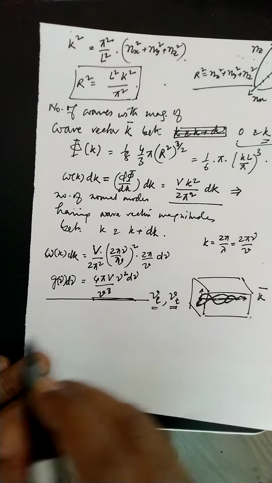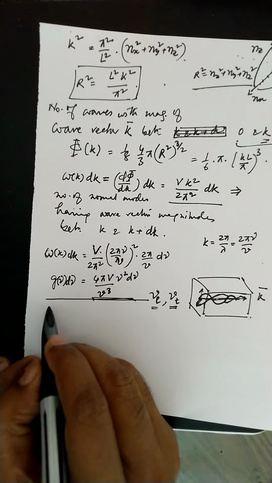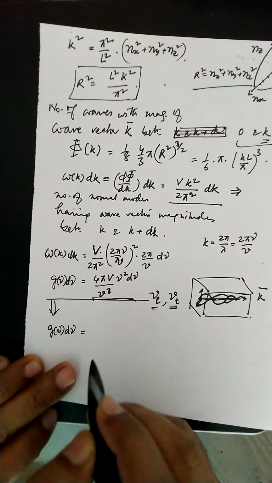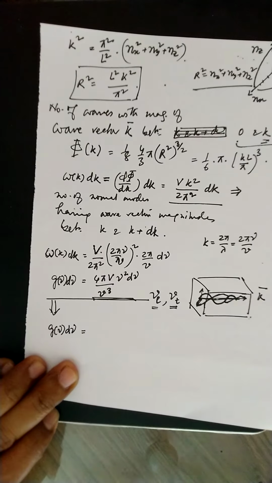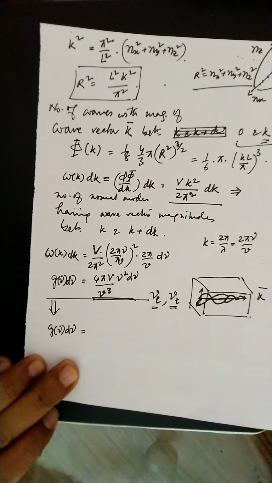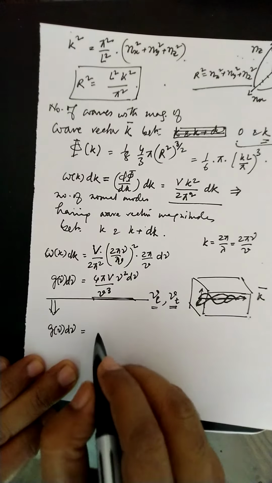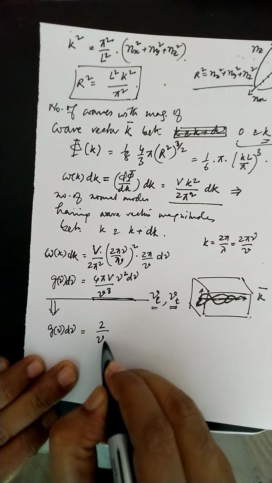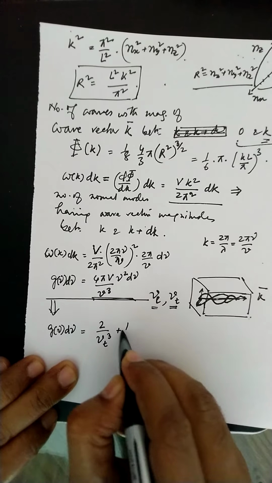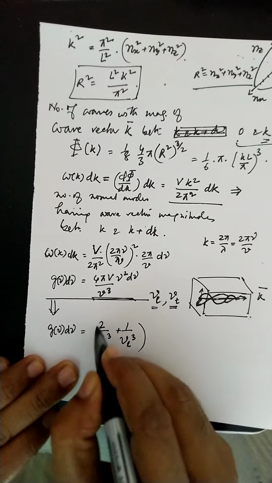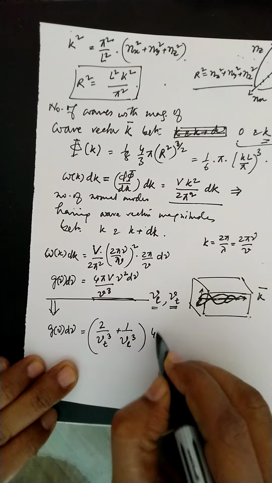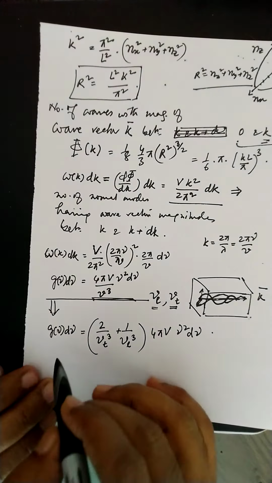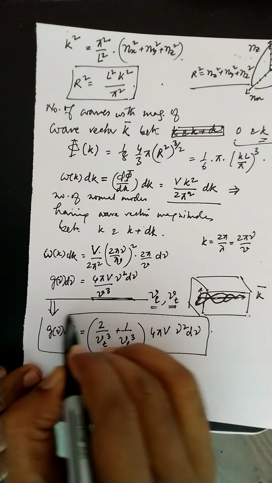The Debye expression finally for g nu d nu comes by taking into consideration the fact that each such wave can have the same frequency but the directions may be different. So it is a contribution coming from two parts from the transverse wave and one part from the longitudinal wave. So three such possibilities lead to nu square d nu. This is essentially the final Debye expression for g nu d nu.